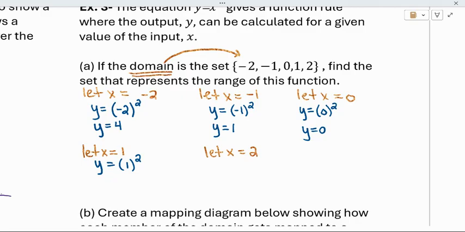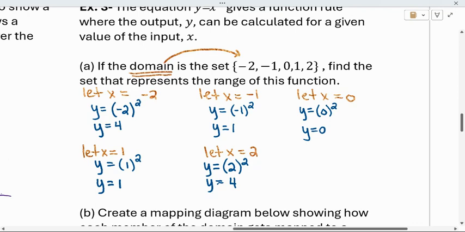What is 1 times 1? 1. And when x is 2, my output, y, equals 2, close my parentheses, squared. What is 2 times 2? Okay. So notice that when I have the input of positive 1 and the input of -1, I get the same output. Do you guys see that?